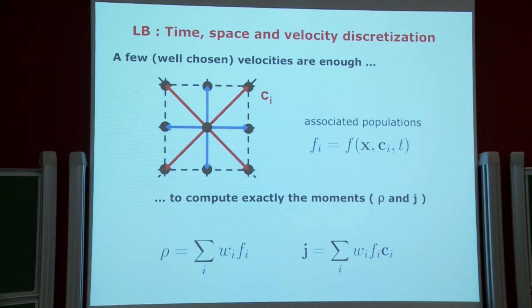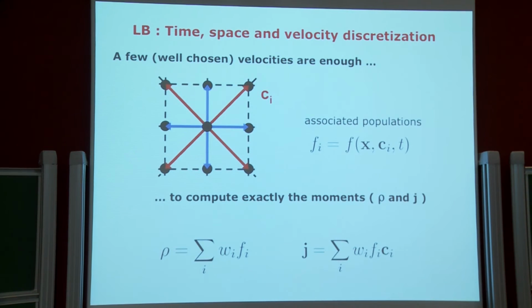So I've mentioned that by switching from the hydrodynamic fields, which depend only on three spatial coordinates and one time coordinate, if you switch to the single particle distribution function, you end up with a 6-dimensional phase space, so 3 for the coordinates, 3 for the components of the velocity, and time.